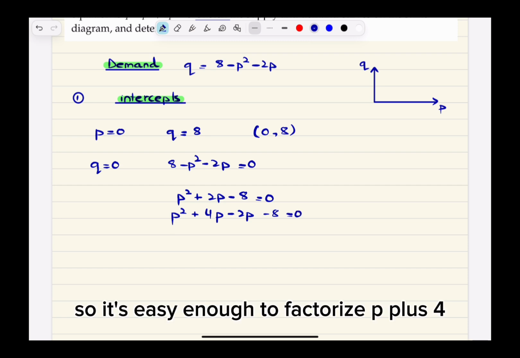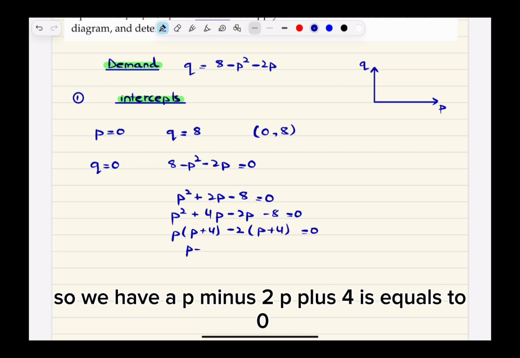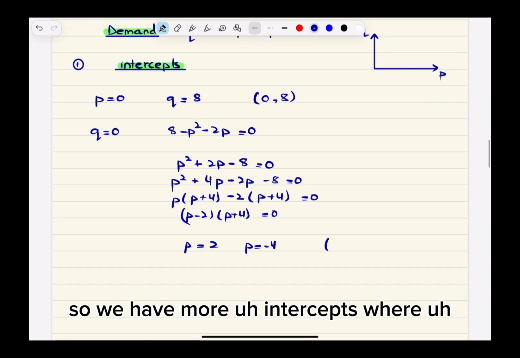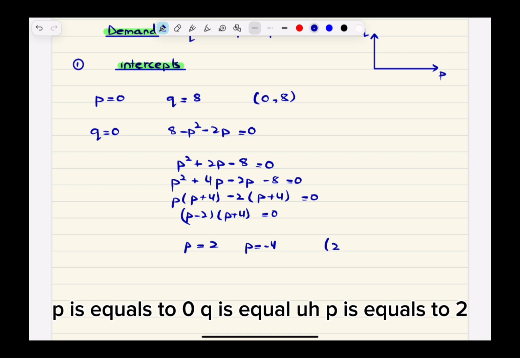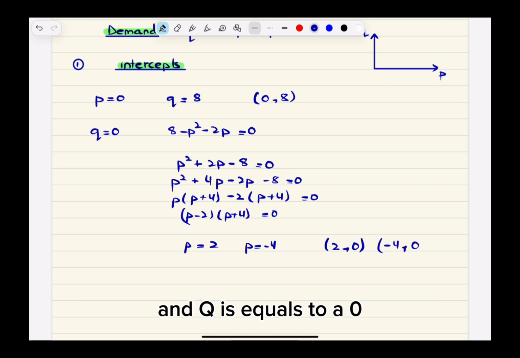So it's easy enough to factorize: p minus 2, p plus 4 is equal to 0. So price is equal to either 2 or minus 4. So we have more intercepts: p equal to 2, q equal to 0, or p equal to minus 4 and q equal to 0.